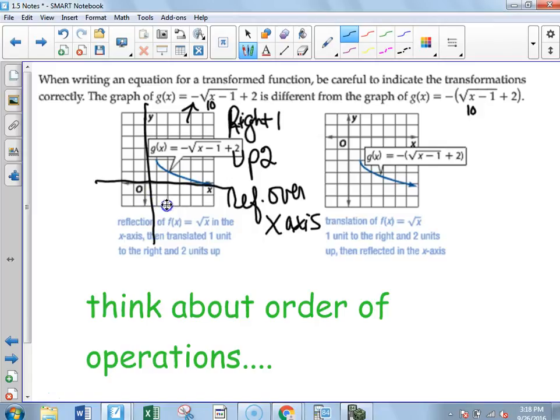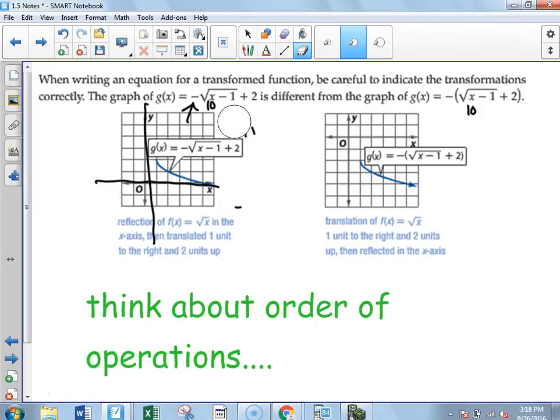Reflection over the X. Right 1, up 2. Oh, right 1. That's because I wrote it wrong, guys.